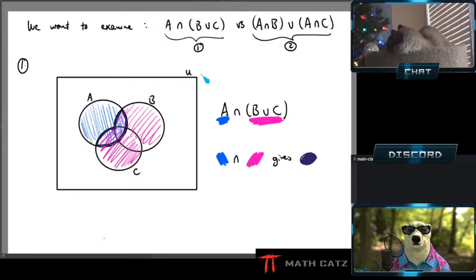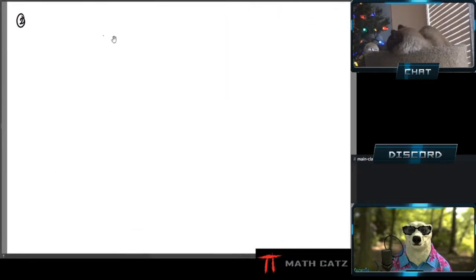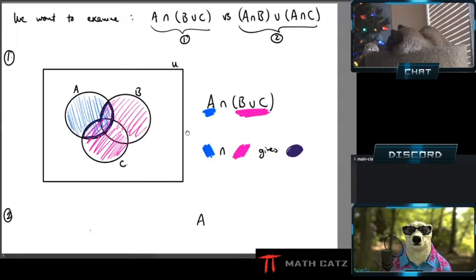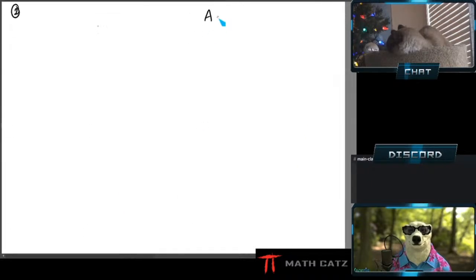Now I'm going to do the exact same thing, but according to number two's instructions. So now it's a fresh start. Number two said A intersection B, then A intersection C, and then union those two.